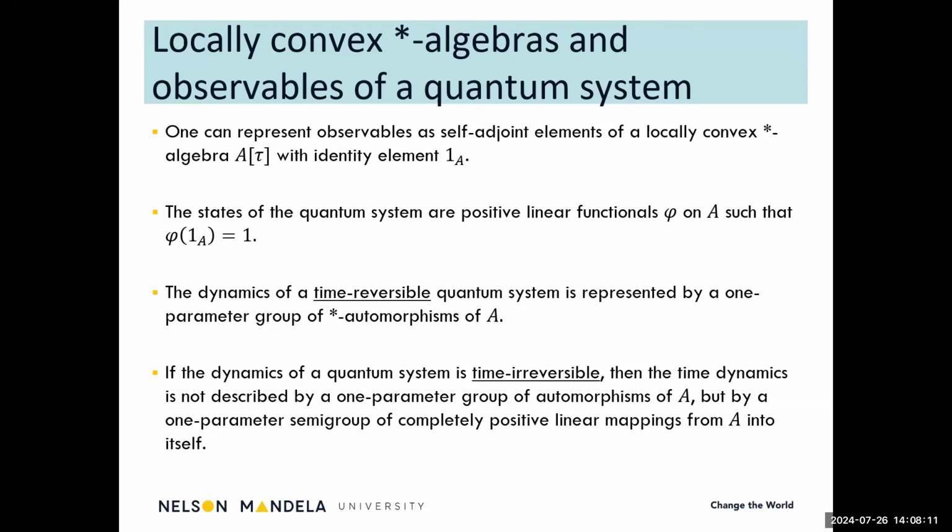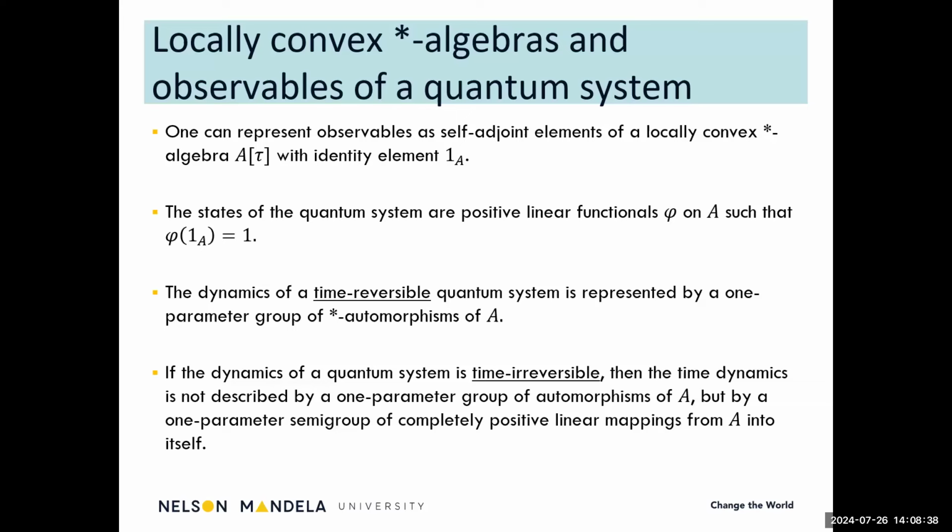A locally convex algebra is again a star algebra, but which is not necessarily a C-star algebra or a Banach algebra. That I will now introduce. This is how we can represent our quantum system if we work generally with unbounded operators.